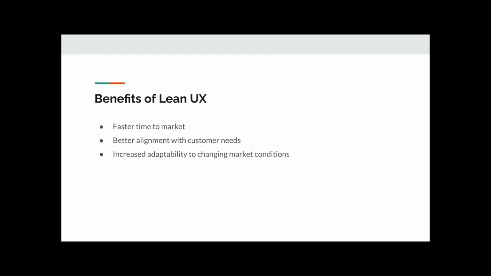So it's important that lean UX focuses on faster time to market with iterative development, and focuses more on collaboration with the team. And when you hear your customers' feedback and deliver on it, your customers will start liking your product. They will continue to use it.